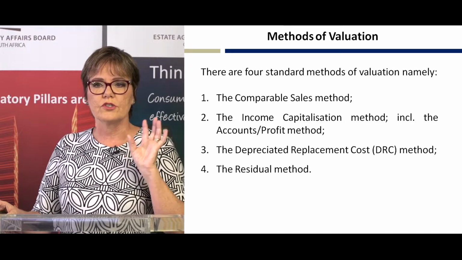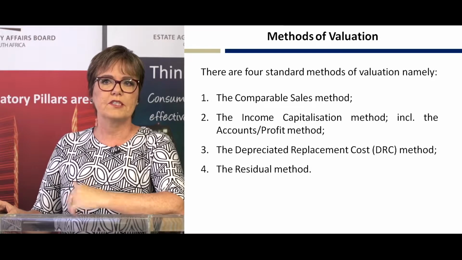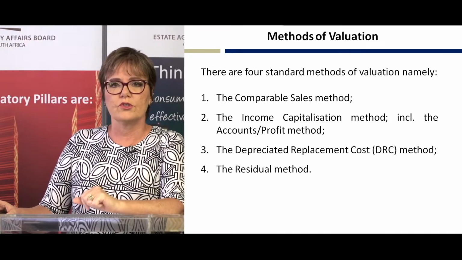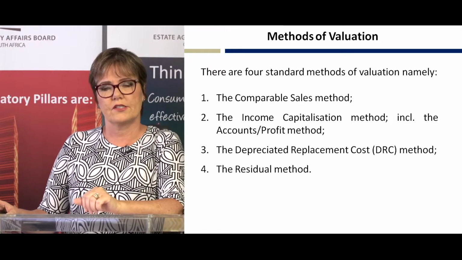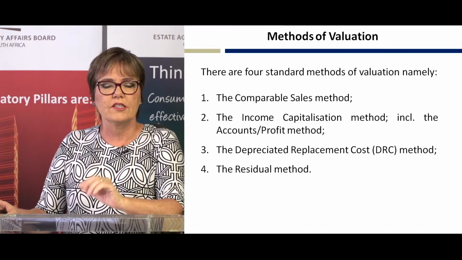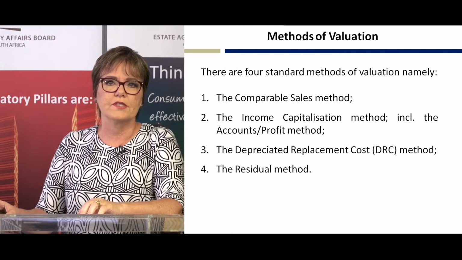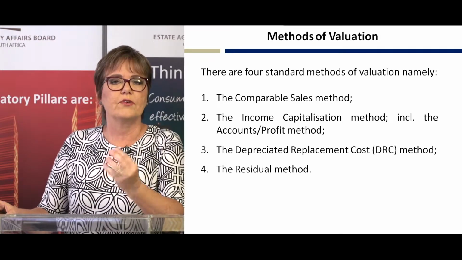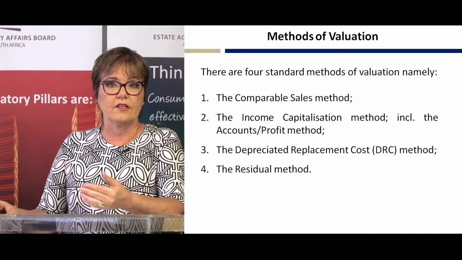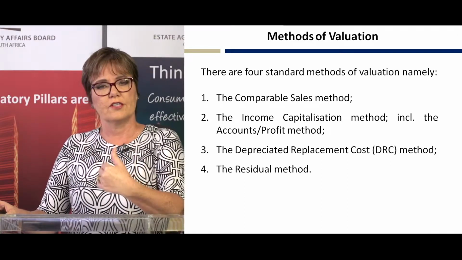So where you will use the depreciated replacement cost for a government school, for a private school which is run as a business, or a private hospital or hotels, there we will use the financial statements of the business, and from that deduce the net income per year, and then we apply a certain percentage of what we deem an operator will be prepared to pay for running the business and for renting the property to run his business from.